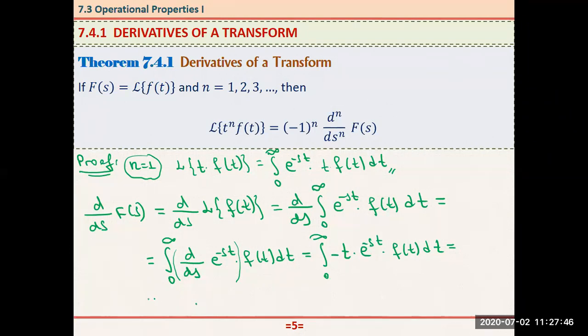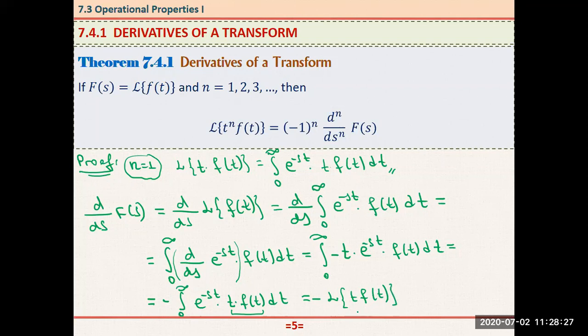So then what did we get here? Minus the integral from 0 to positive infinity of e to the power minus st times t times f of t dt. Now in the definition of Laplace transform, we have e to the power minus st. Now instead of f of t, I have this function, and here we have minus, so that is equal to minus the Laplace transform of t f of t.